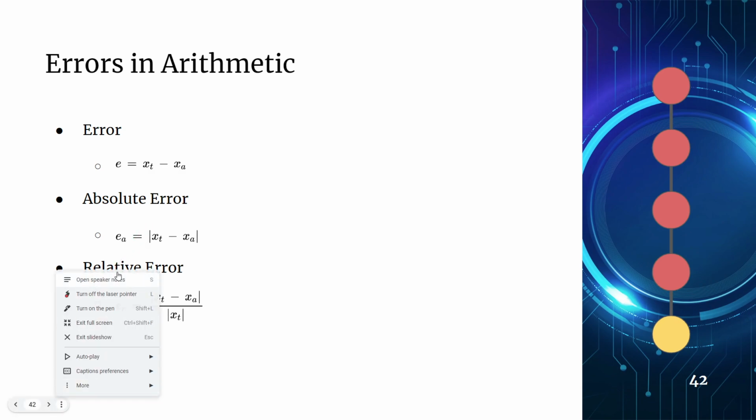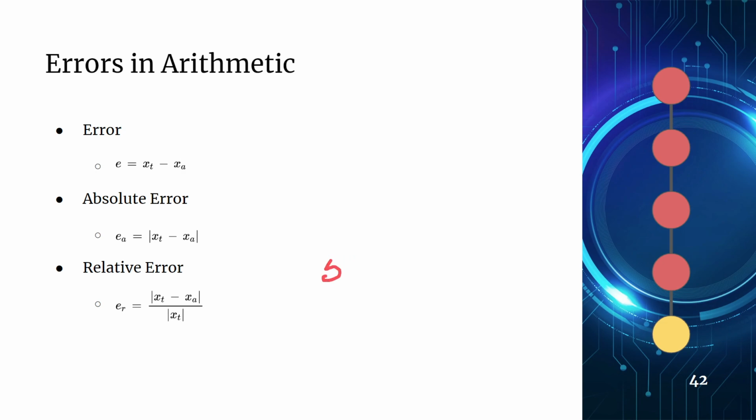For example, if my real value is 5 and my approximated value is 4, then absolute error will say the difference is 1, but the relative error will say 5 minus 4 divided by 5, which is 1/5.